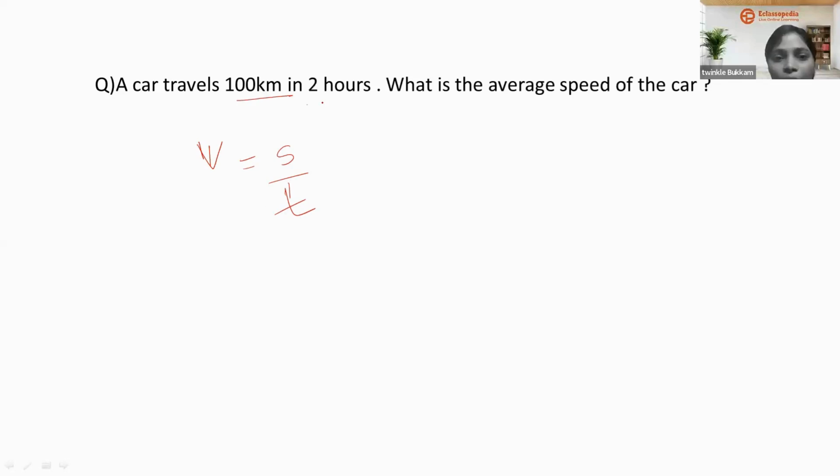So just put these two quantities in this formula. The distance is 100 kilometers and the time is 2 hours. Just doing this simple calculation, we will get the answer as 15 kilometers per hour. Correct? Did anybody get the answer? Just check your answers. So this was a very basic problem based on speed.